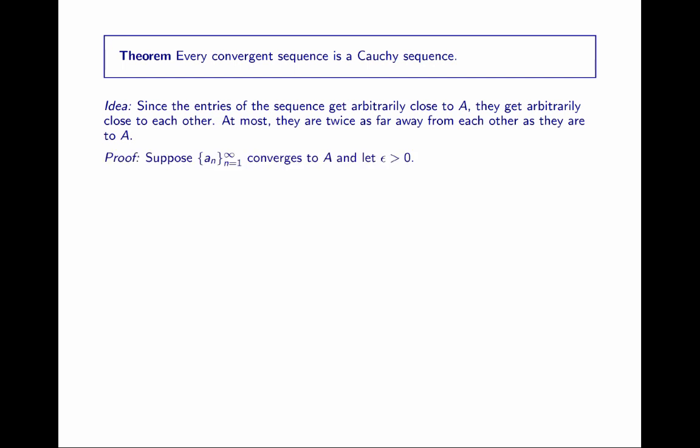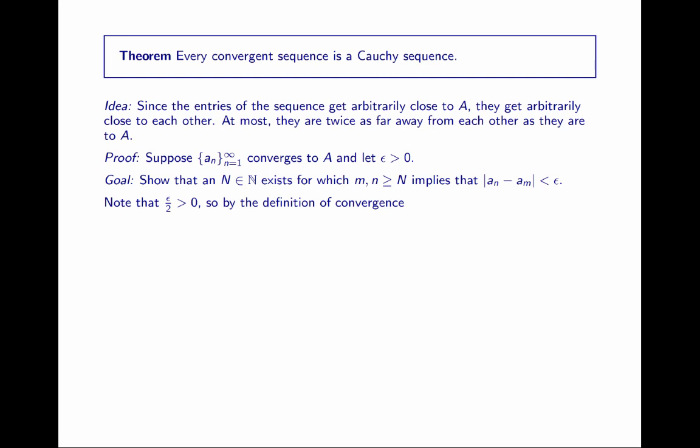So let's prove this. Suppose the sequence an converges to A, and as always, let epsilon be positive. Our goal is to show that a natural number exists for which little m and little n greater than or equal to big N implies that the distance between the sequence entries is less than epsilon.